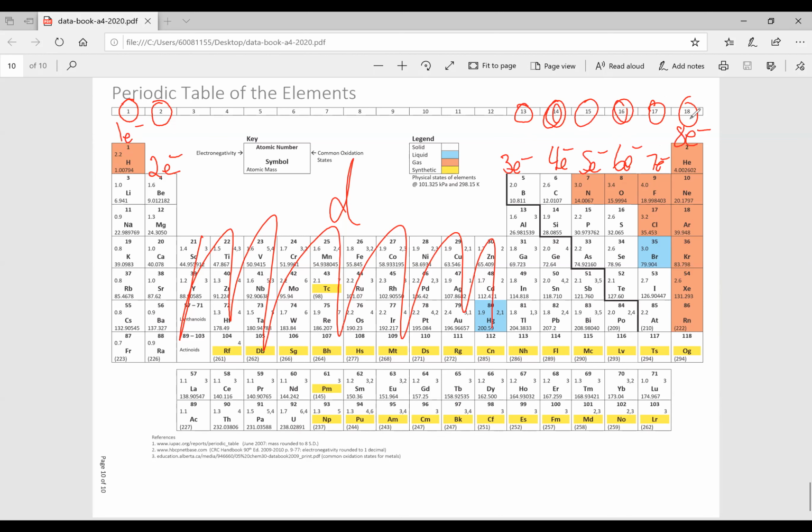So group 1 has 1, group 2 has 2. Then we skip the transition metals in the middle, which are, again, a lot more complicated with their electrons. Group 13 has 3, group 14 has 4, group 15 has 5, and on and on.